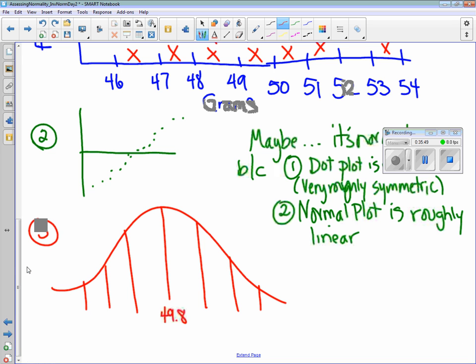So 49.8 plus 1.77 was 51.57, plus another 1.77, 53.34. And then one more, 55.11.